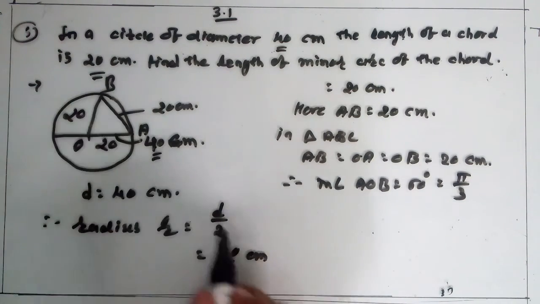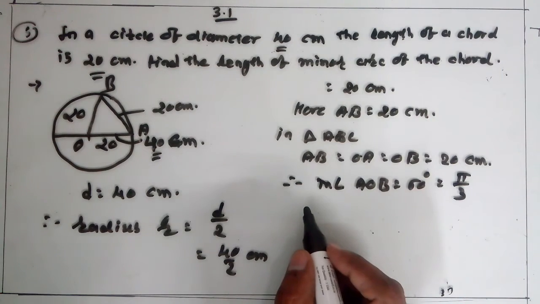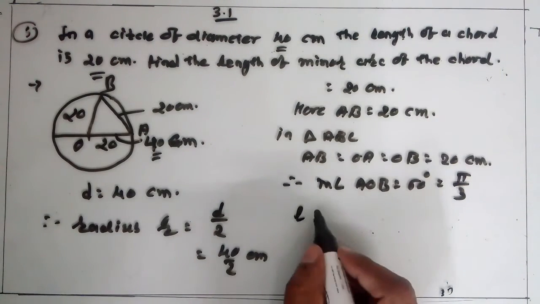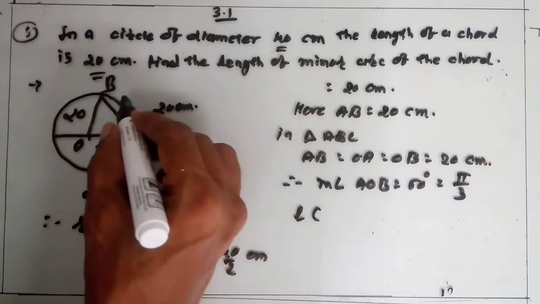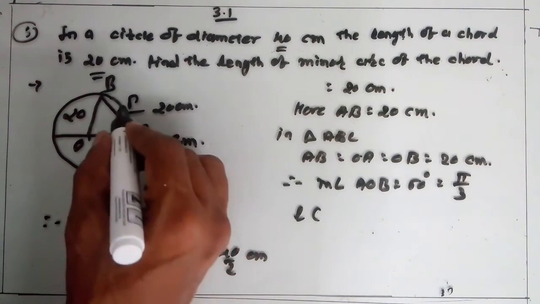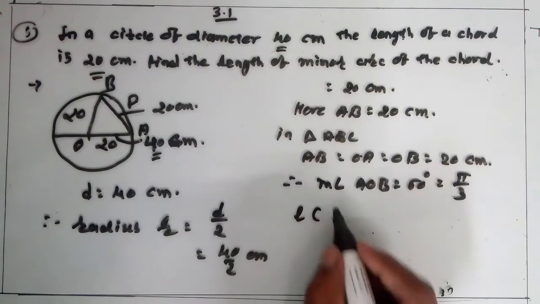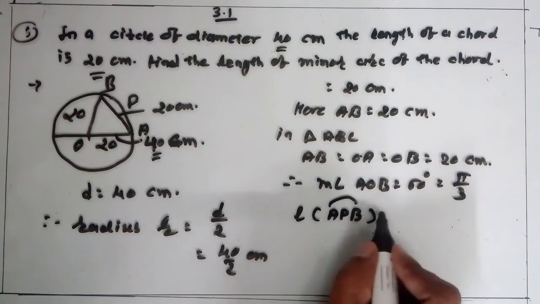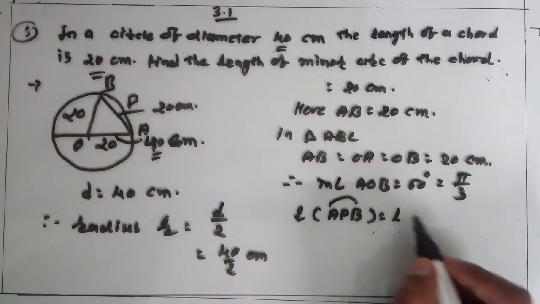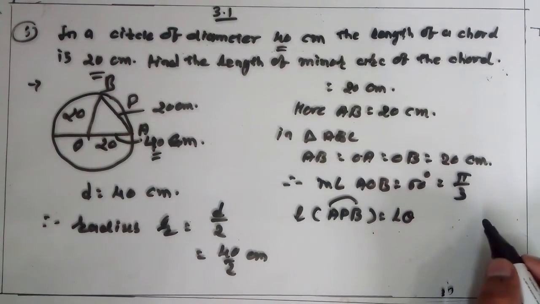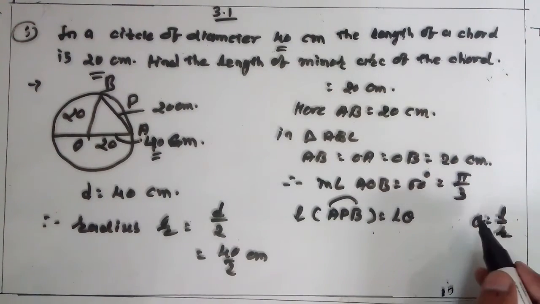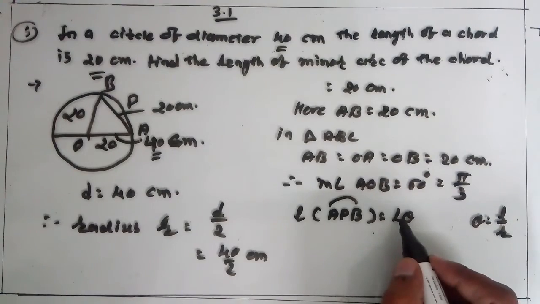Now find the length of this arc. Length of minor arc APB is equal to, we know, R theta. We know that formula, theta is equal to L upon R. So L is equal to R into theta.